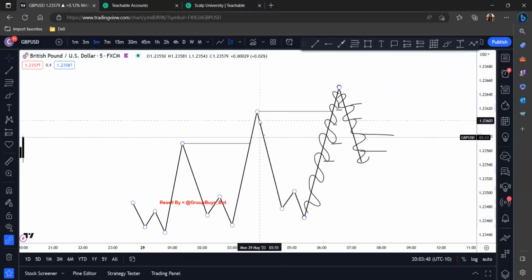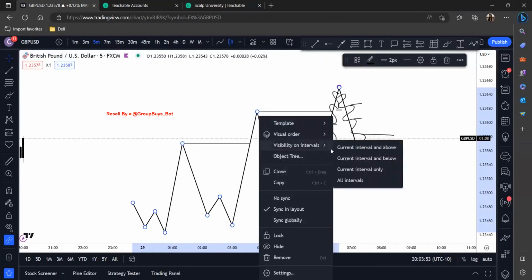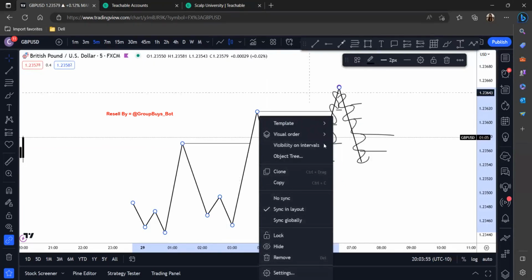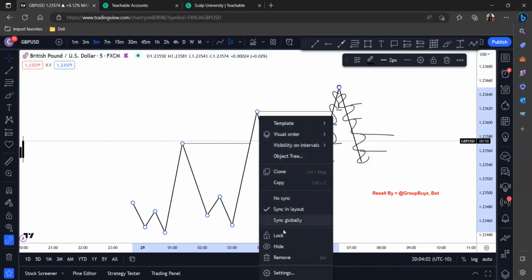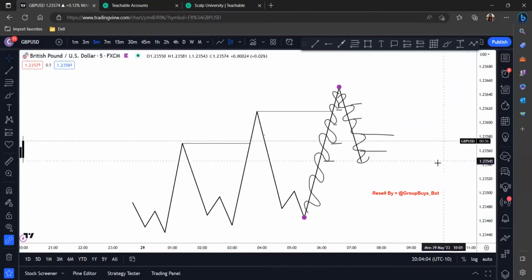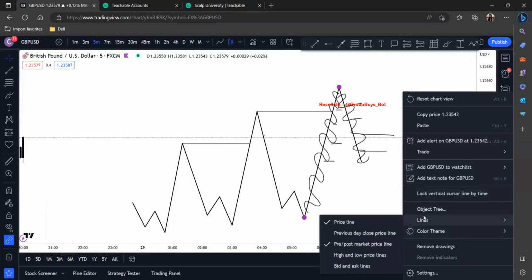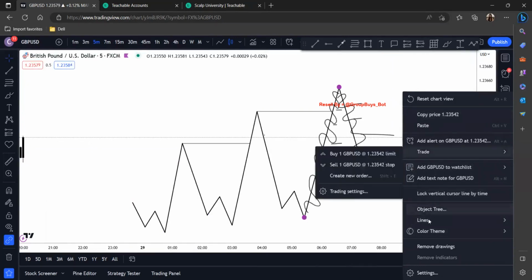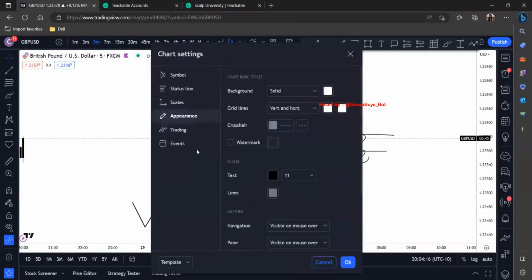bearish structure. Let me see if there's a way you can inverse this or something. I know there's a way on here that you can inverse the chart to have it the other way.